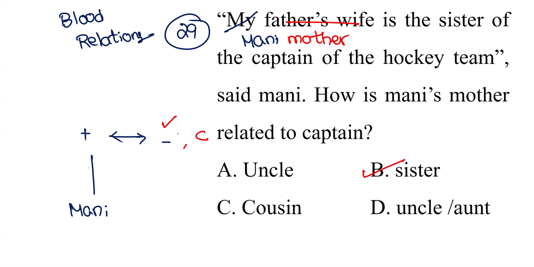It is how Money's mother is related to the captain. Money's mother is the sister of the captain of the hockey team. That's what they're asking: Money's mother is related to the captain as what? Sister. Here you got the entire answer in the question. Okay.